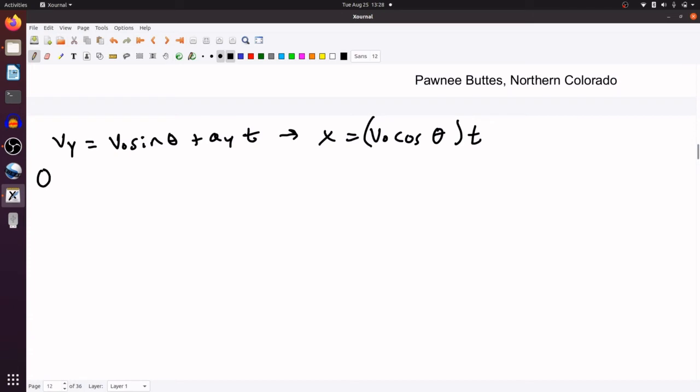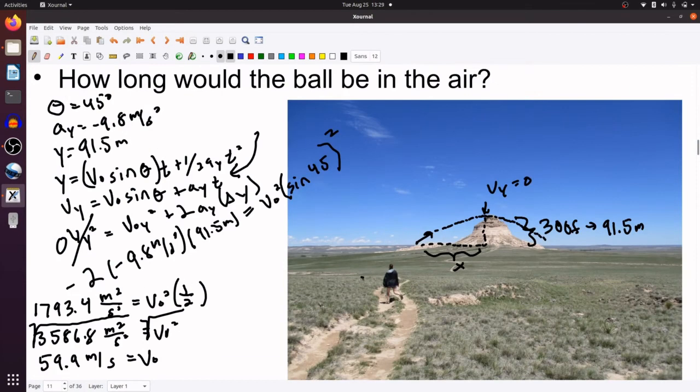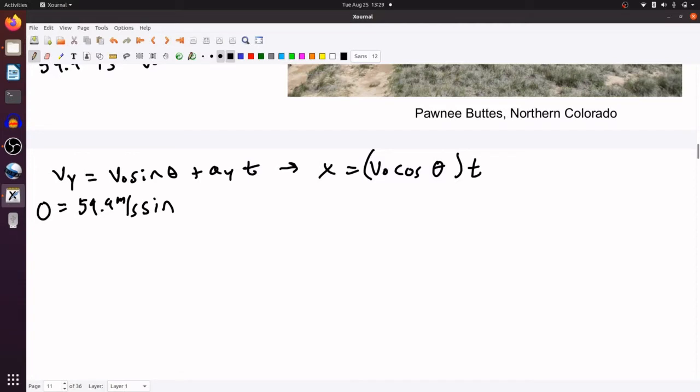All right, so this is 0 equals 59.9 meters a second sine, and I already forgot my angle. I think it was a clean 45. Okay. Sine 45 and then minus 9.8 meters a second squared t.